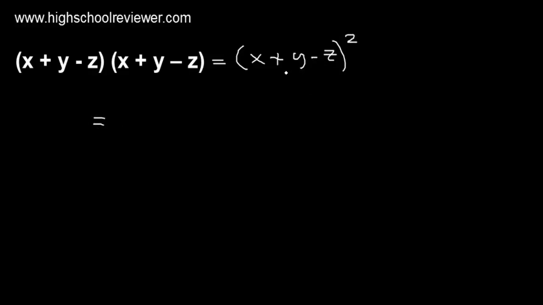Since we are now in the form, the square of a trinomial, first get the square of our first term. So our first term is x raised to the power of 2. Plus the square of our second term, this will be positive y raised to the power of 2, plus the square of our third term, which is negative z raised to the power of 2, plus 2 multiplied by the product of our first and second term.